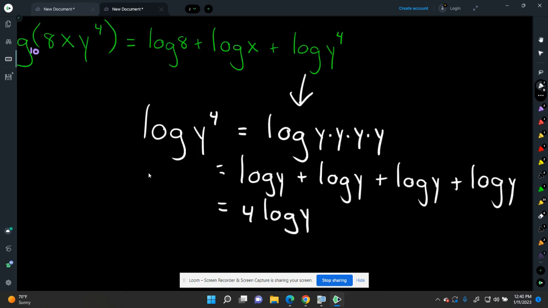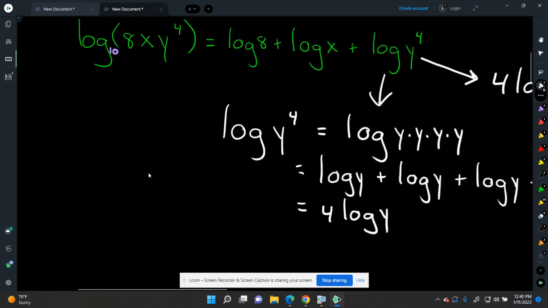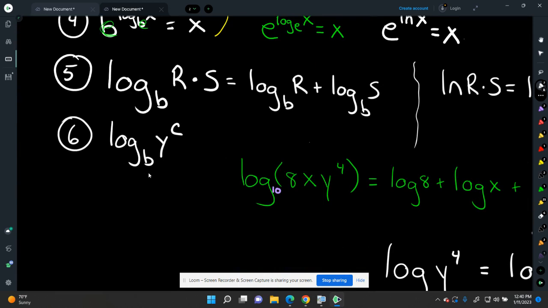What did we just discover? Log y to the 4th can be written as 4 log y. Right? So finish this property for me. Log base b of y to the power of c. How could I rewrite that?